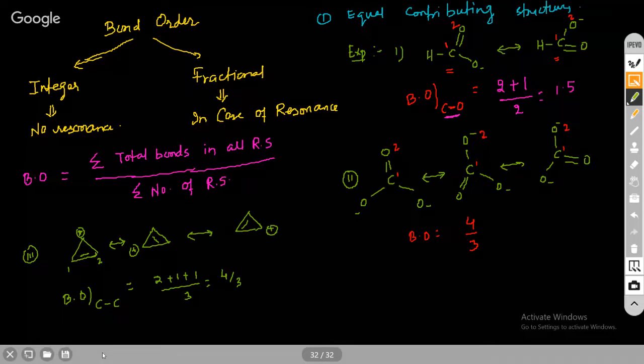How is it 0, Vaishnavi? See, this is the conjugated system. Sigma, pi and vacant p orbital. Positive charge means what? We have a vacant p orbital.